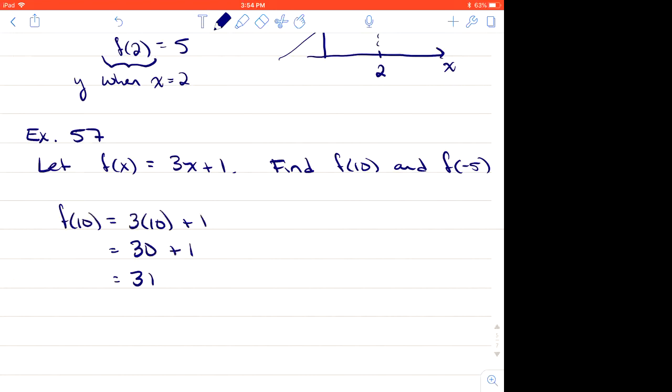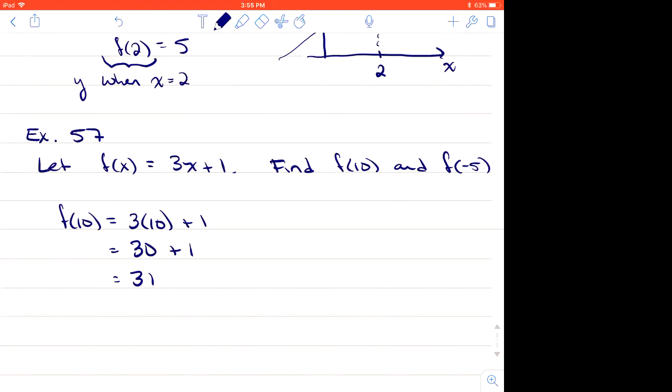Notice, and I'll kind of start doing it more and more, if nothing's changing on the one side, you don't have to keep writing it out. So until something changes, you really don't have to keep writing out f of 10 and f of 10. So when it's saying find f of 10, it's just saying when x is 10, what is the function? y is 31.